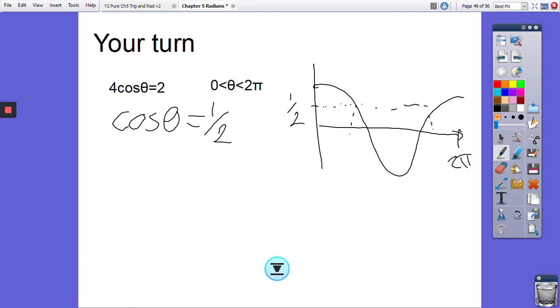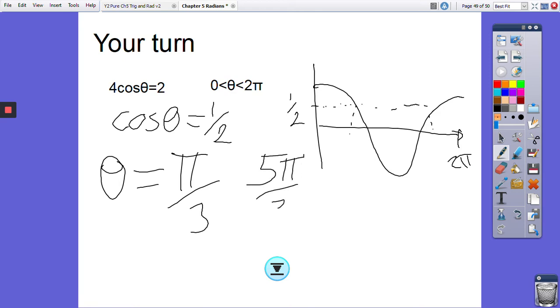If you do inverse cos of a half, or you know it as an exact value like we did in a video not so long ago, you get pi over 3. And the other one that you get is 5 pi over 3, because that's 2 pi minus pi over 3. Okay, so give yourself a big tick if you got that. If you didn't, correct what you've done. And then let's have a look at this example here.